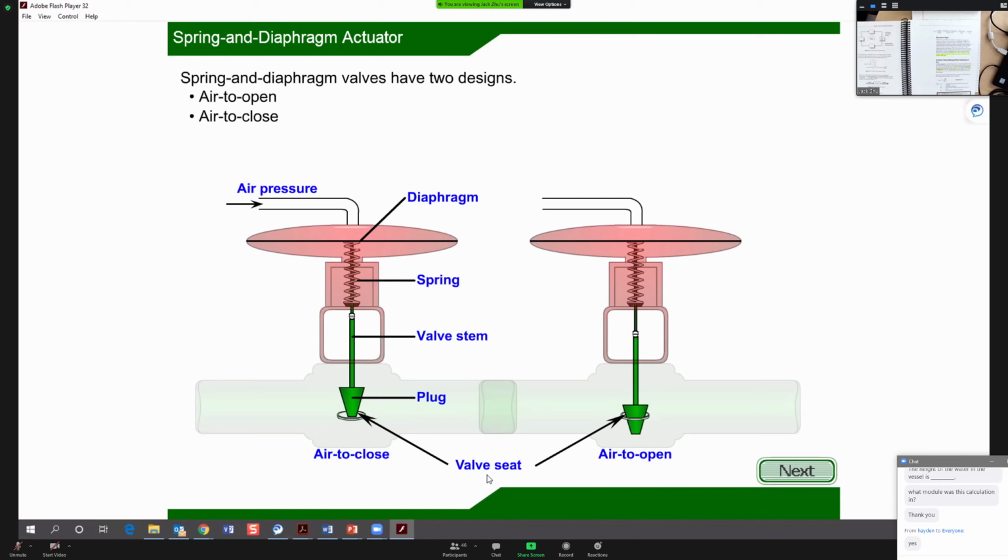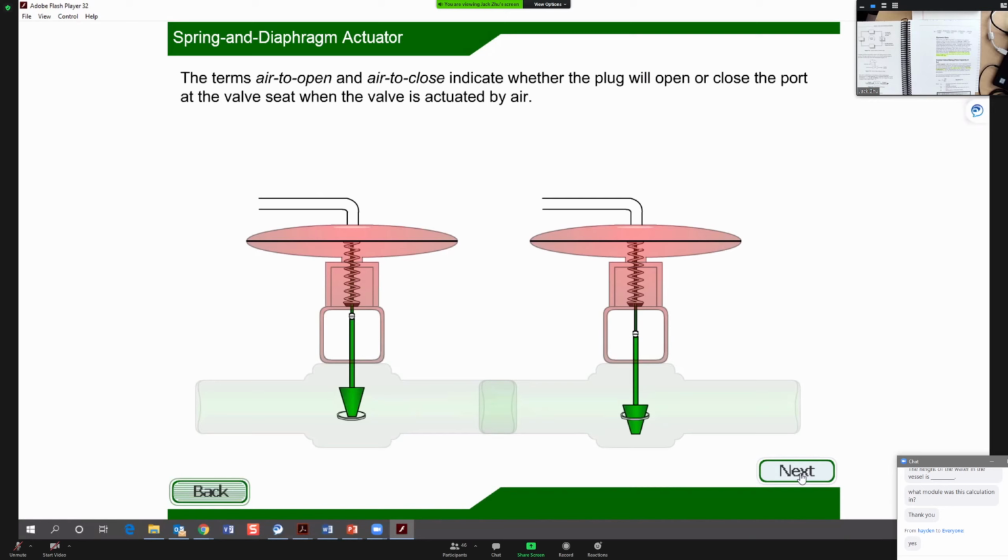And it also depends on the valve setting. This air to close is normally open. This air to open is normally closed. The term air to open, air to close indicates whether the plug will be open or closed, the position at which the valve sits when the valve is actuated by the air. Style selection depends on the fail-safe position required if the control signal which activates the valve fails to occur.